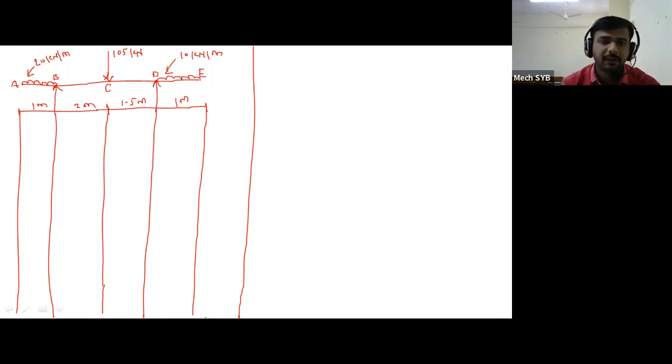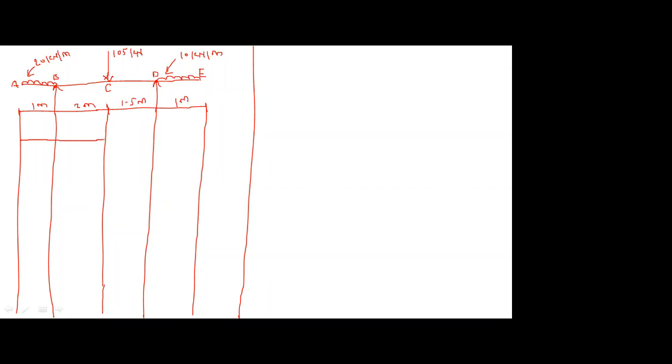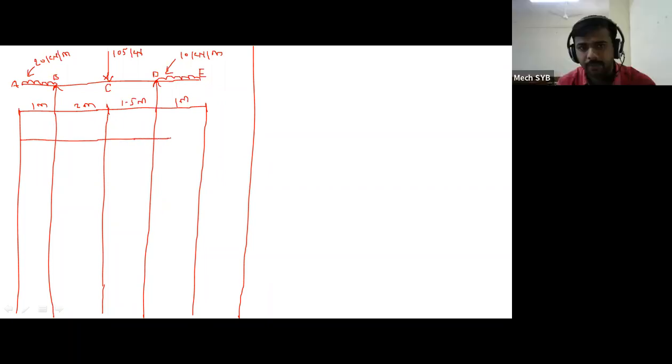Now, what is our second requirement? What do we have to do here? Convert the UDL into point load. Yes, wherever UDLs and UVLs are given, the first requirement is to convert that UDL into point loads.